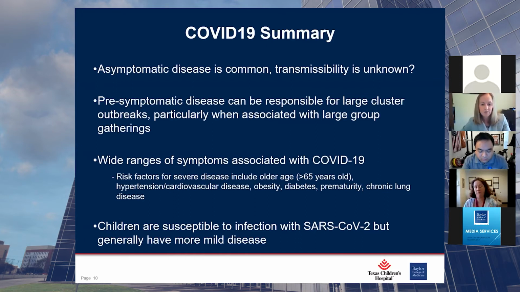There's a wide range of symptoms associated with COVID-19, and progression to severe disease has been linked to underlying risk factors, and children are susceptible to infection. They can carry high viral loads, but generally have more mild disease compared to adults.